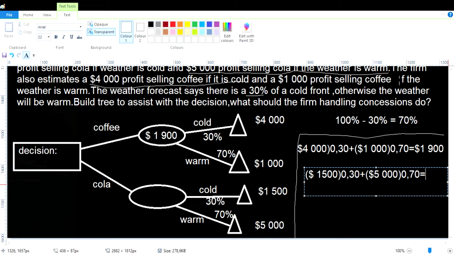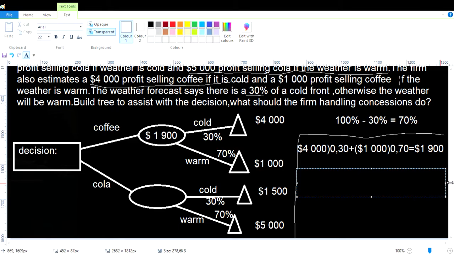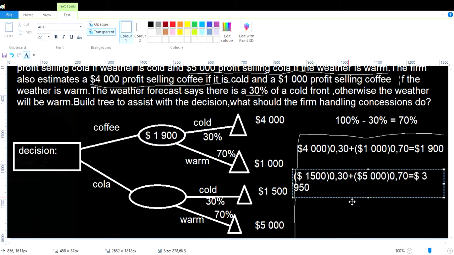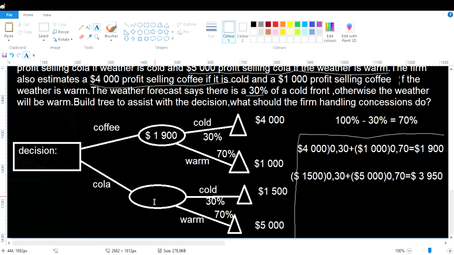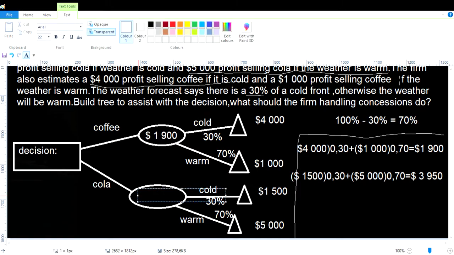Answer is equal to $3,950. So the expected value here is $3,950.